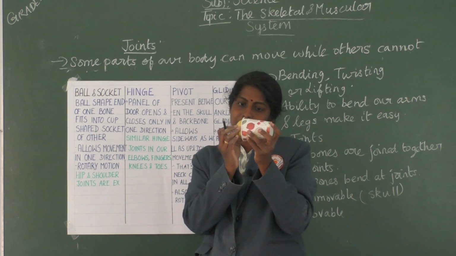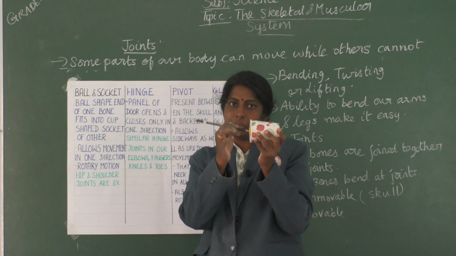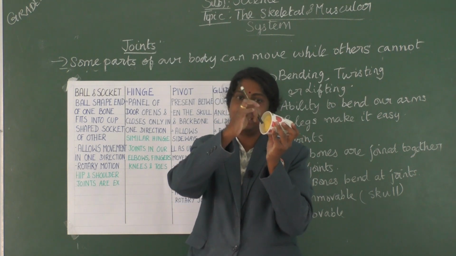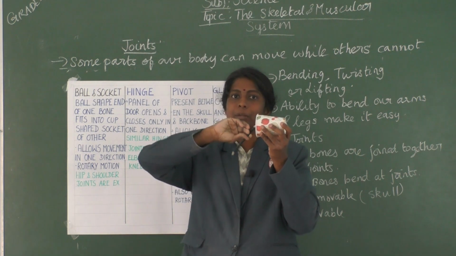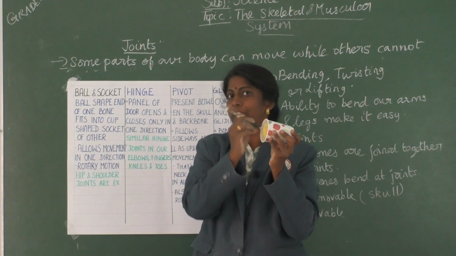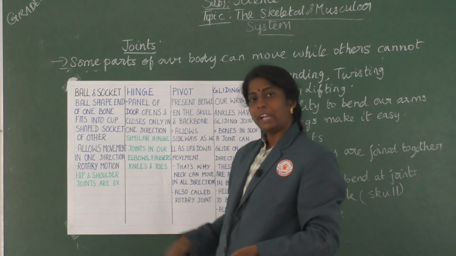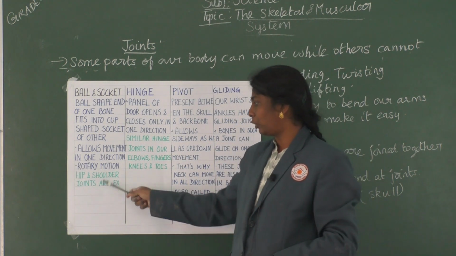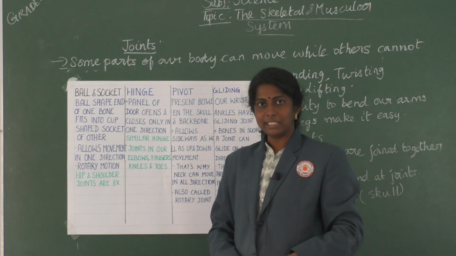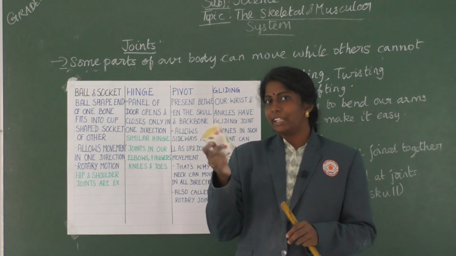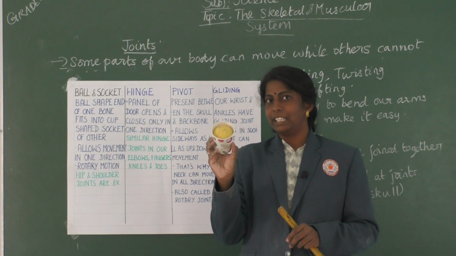So these two will fit together so that this part can be rotated, both clockwise and anti-clockwise. Clear? So this is rotary motion. Hip and shoulder joints are examples. Can you understand? Yes. Yes children, the ball and socket joint is shown as an experimental activity for you.